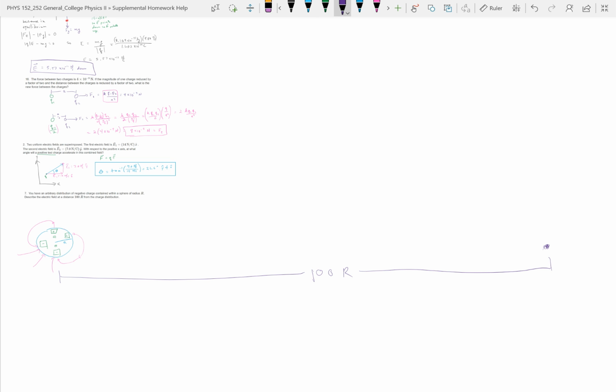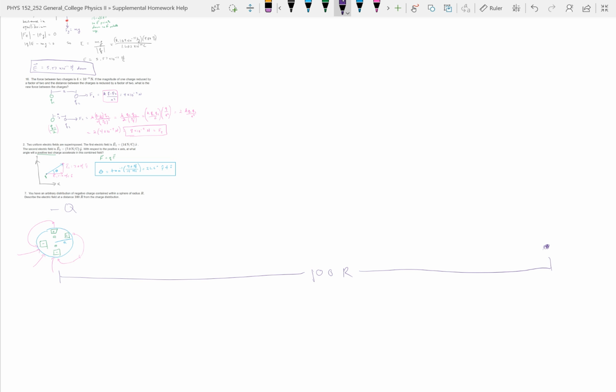And so we're a long ways away. If we're 100 R away, this now looks like a speck. So if we're really far away, the variations we see here don't matter. We're so far away, it just looks like a little minus Q here.